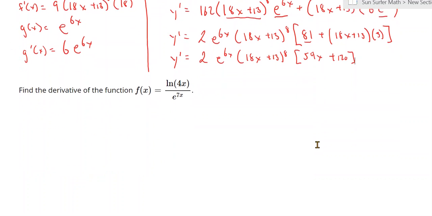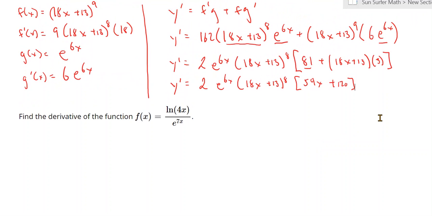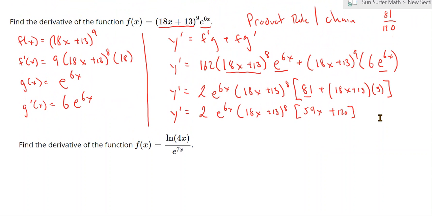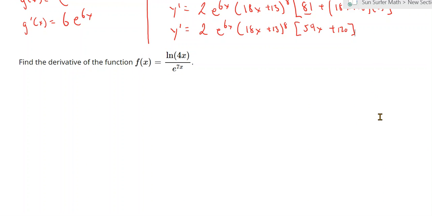The next problem, we have chain rule, and we have the quotient rule. So we have quotient rule and chain rule.